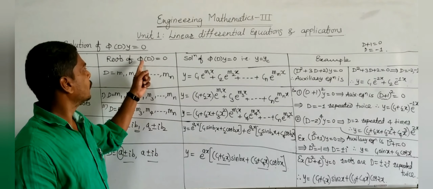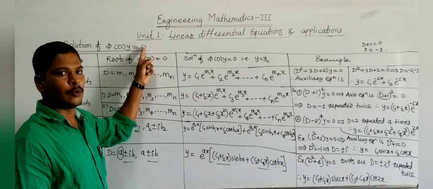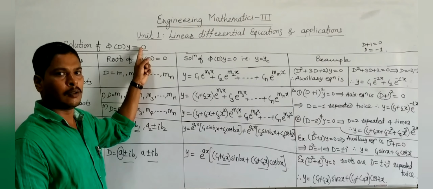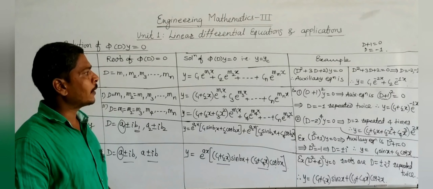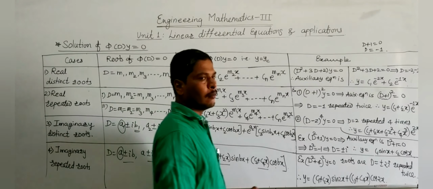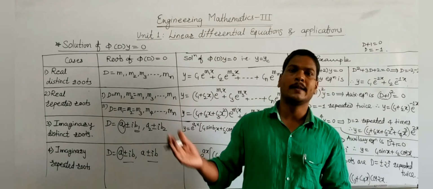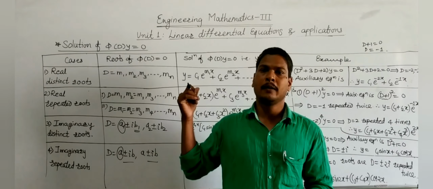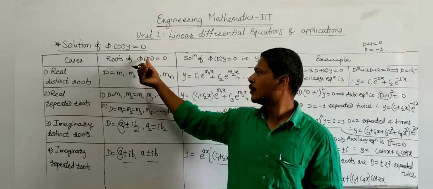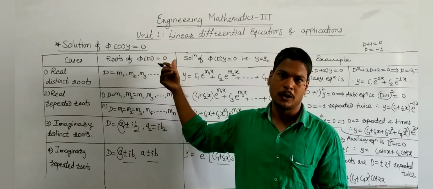If the function on the RHS is non-zero, in that case our solution becomes y equal to yc plus yp. So we require this yc, which is the solution of phi(D) y equal to 0.